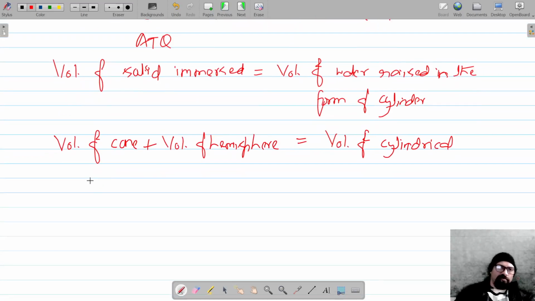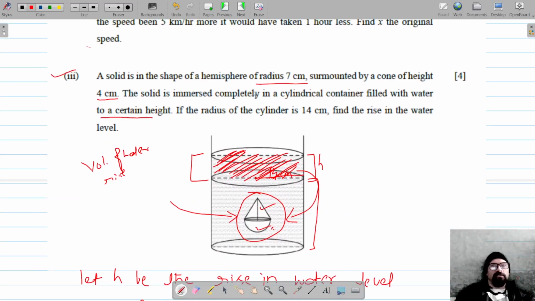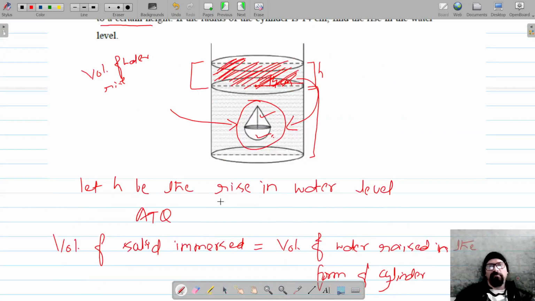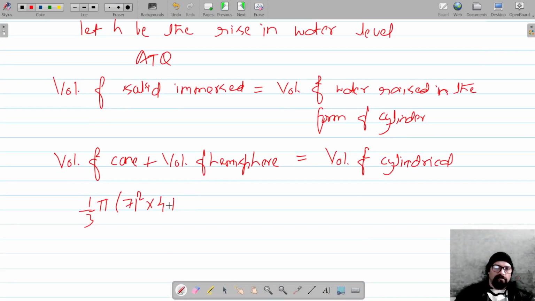Okay, so the volume of cone is 1 by 3 pi r square, and the radius of the cone and the hemisphere is the same, which is 7 centimeter. So 1 by 3 pi 7 square into the height of the cone, which is 4 centimeter, plus the volume of hemisphere, which is 2 by 3 pi r cube.